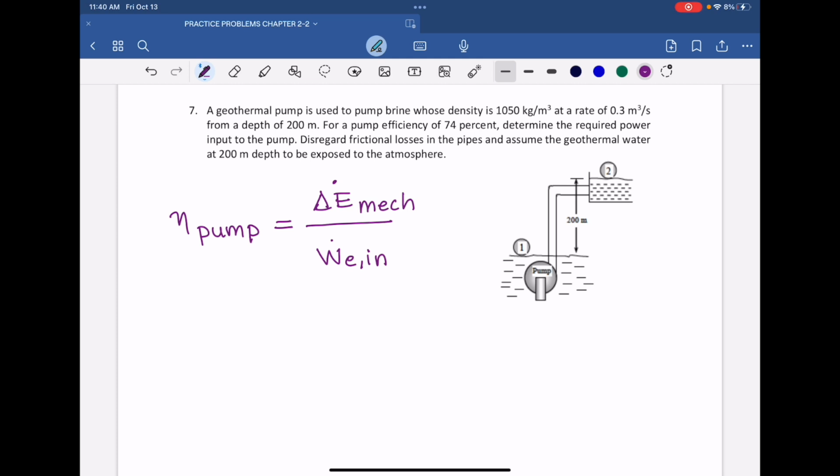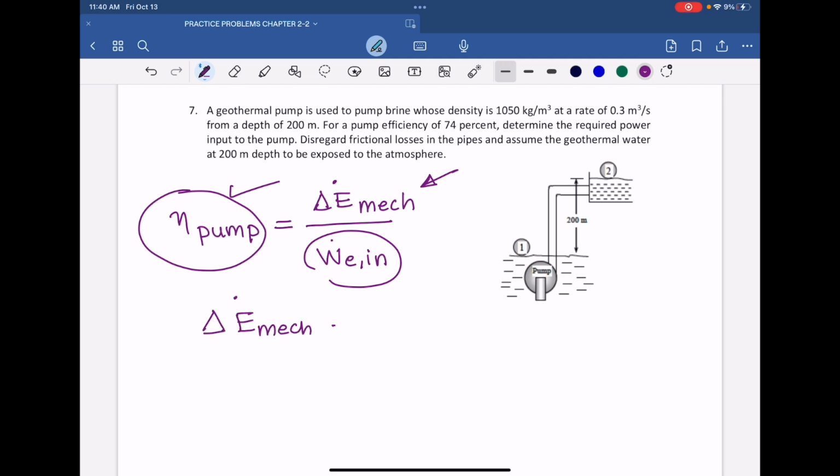So they give us this one and we are trying to calculate this, so therefore I need to figure out what this term here is, and we know that we can calculate that from mass flow rate times mechanical energy change per unit mass.